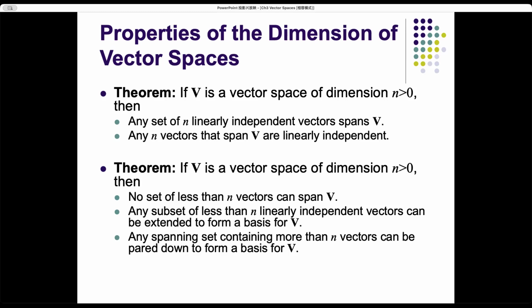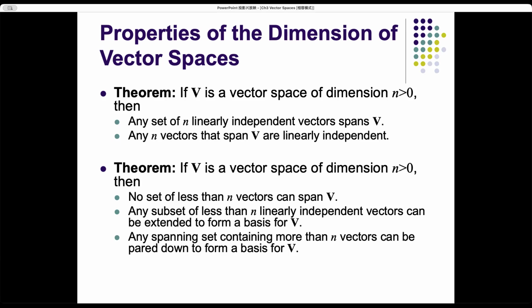If not, then this new vector could be obtained by a linear combination of the previous vectors. So we extend this independent set by one more vector, and then we check whether we can span V. If not, we keep doing that.